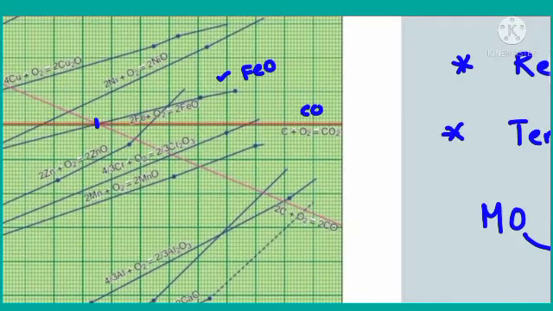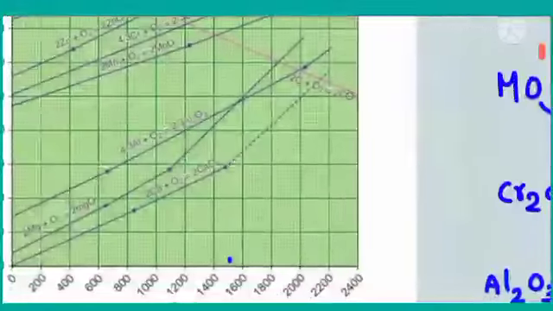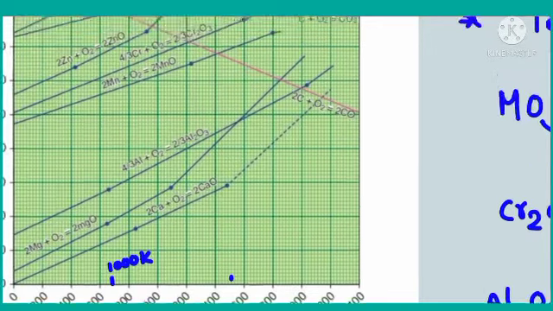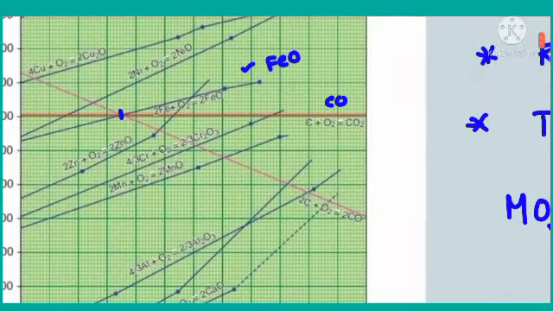Right. Now, this point is at a range of about 1000 Kelvin. This is around 1000 Kelvin. Okay, right. Now, to the left of 1000 Kelvin, carbon monoxide is lying below.